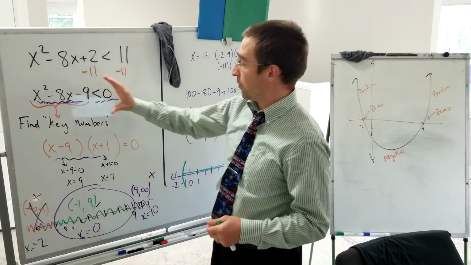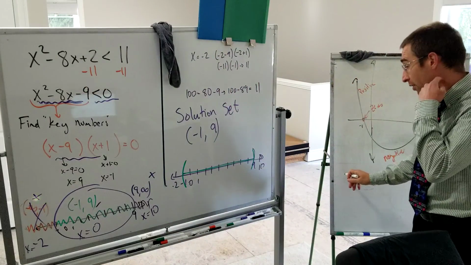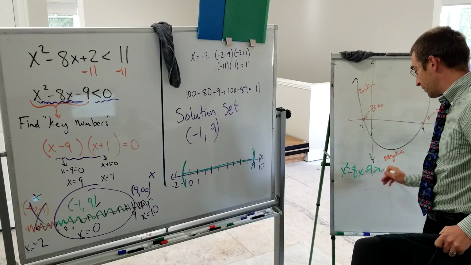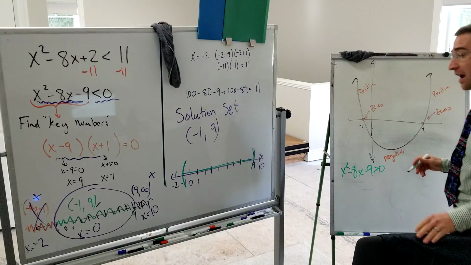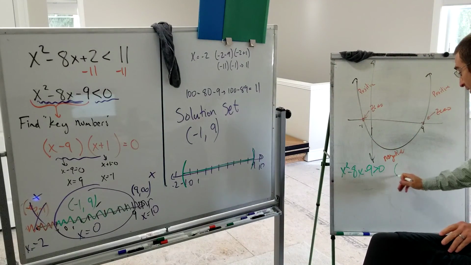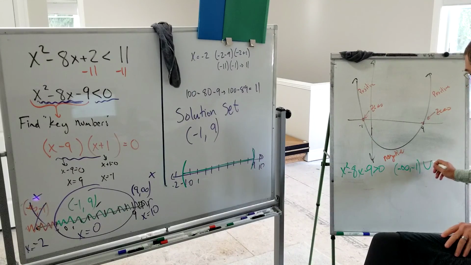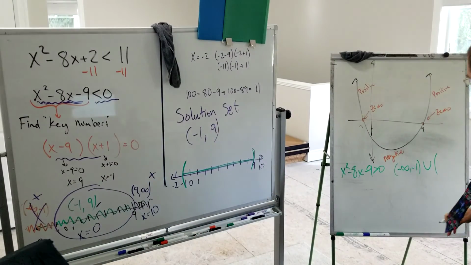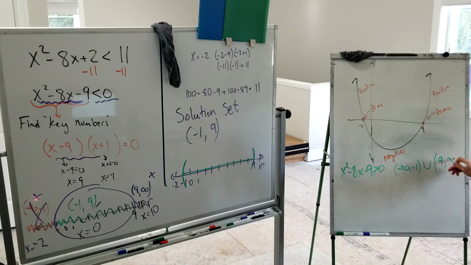If, for example, it was going the other way, if it was greater than, so if I wanted to know when x squared minus 8x minus 9 is greater than 0, or in other words, when this is greater than 11, it would just be the opposite. We would have the intervals from -infinity to -1, union with, let me move this out of the way in case you can't see past the chair, union with 9 to infinity.